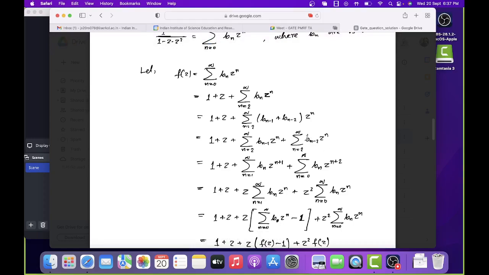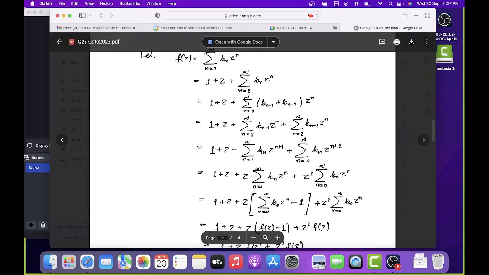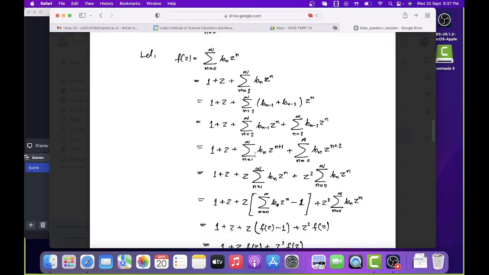And in the next series you make the change of variable n minus 2 equals k. Then this will become the summation from n equals 0 to infinity of bn z to the power n plus 2. Now take out the common z from the first series: it becomes z times the sum from n equals 1 to infinity of bn z to the power n.